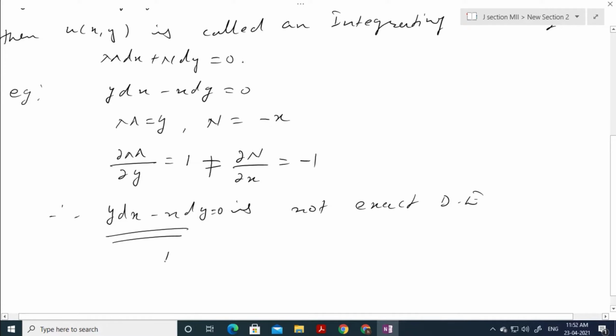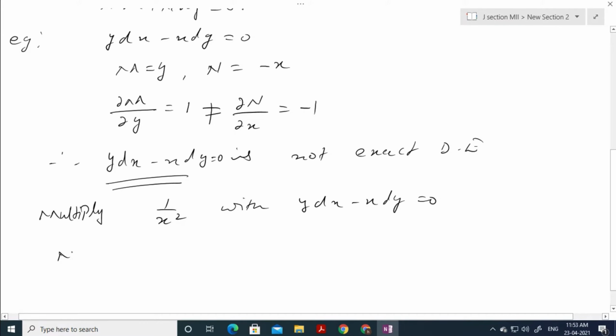1 by x square. So when you multiply 1 by x square with y dx minus x dy is equal to 0, we have a new differential equation: y by x square dx minus x by x square, which is 1 by x, dy.